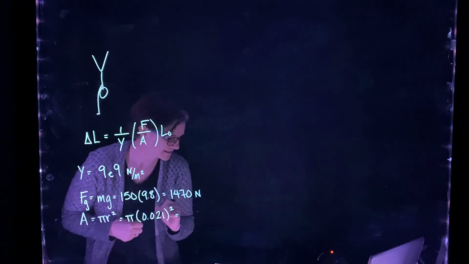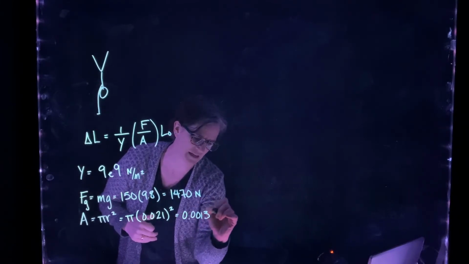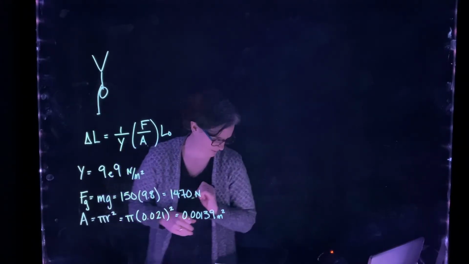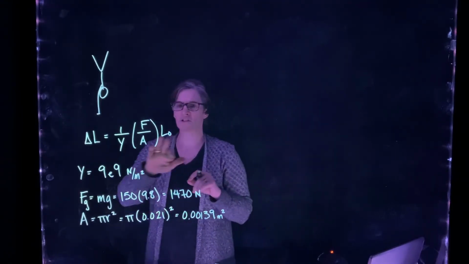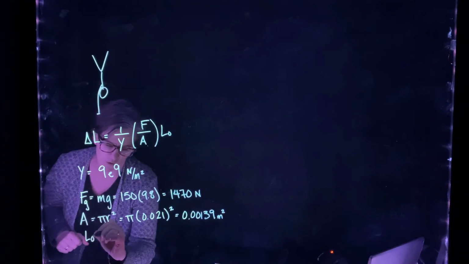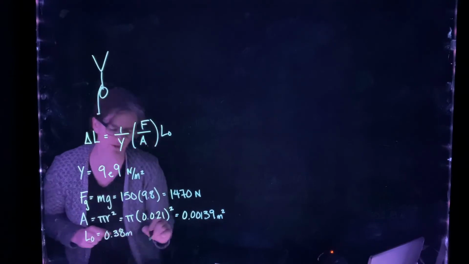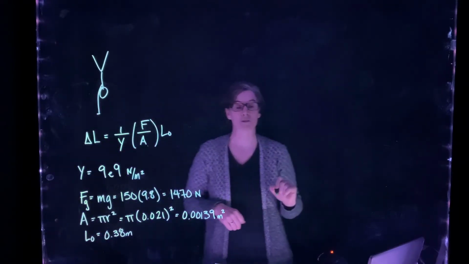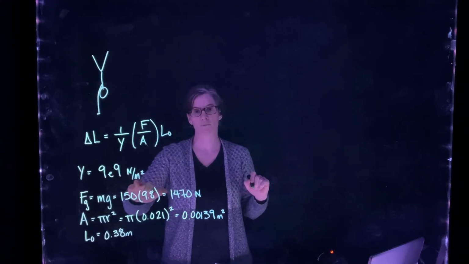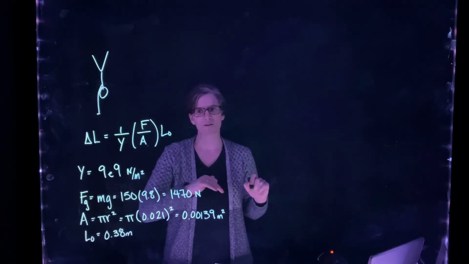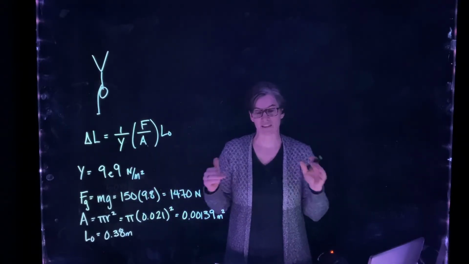And that gives us an area of 0.00139 meters squared. All right, and then the final piece that we need to make sure we appreciate is its original length. So we're told that it is 38 centimeters long, so that's 0.38 meters long. So we want to make sure that if we're going to use the Young's modulus in newtons per meter squared, that our forces are in newtons and our dimensions are in meters, our length dimensions.